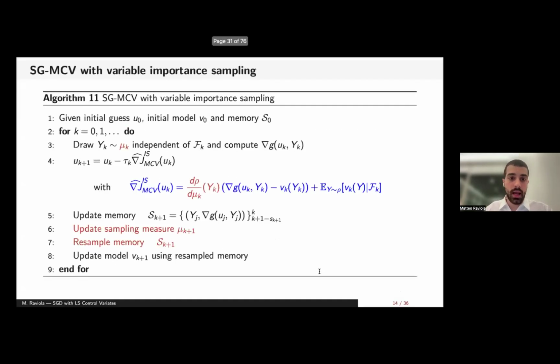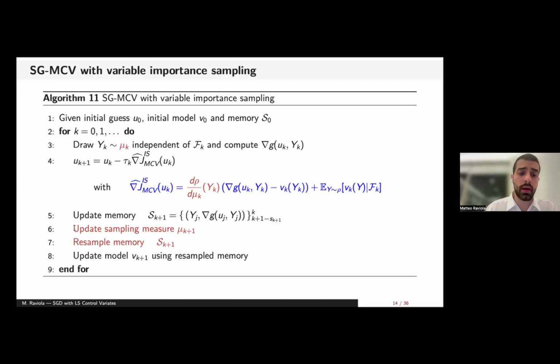So now that we have the resampling step, how does the algorithm change? It's really similar to what we had earlier. So now we draw the y k from mu k. We again have the importance sampling weight in our updates as we had earlier. Then we again update the memory.